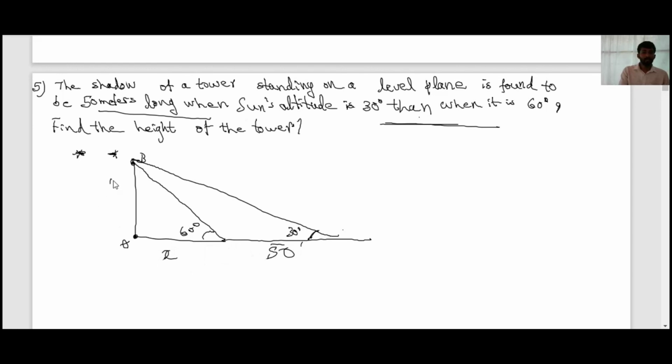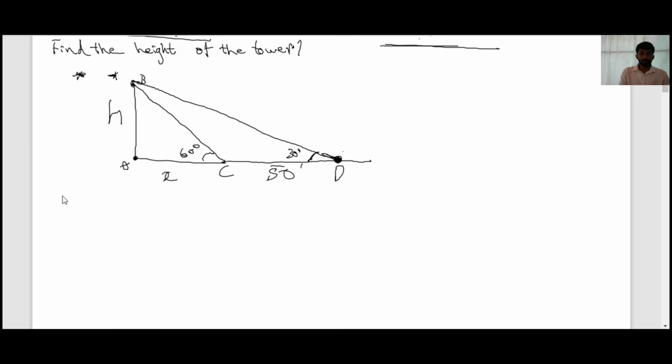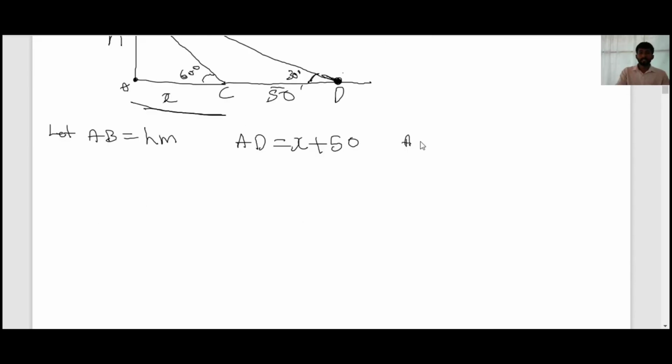That time what you need to calculate? Height of the tower you need to calculate. Here I'll write, let AB be the tower, its length is equal to h meter, and AD is equal to x plus 50, and AC is equal to x meter.